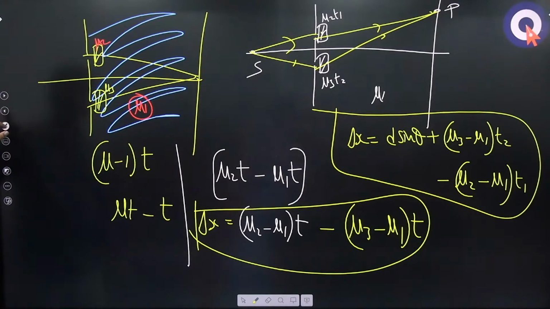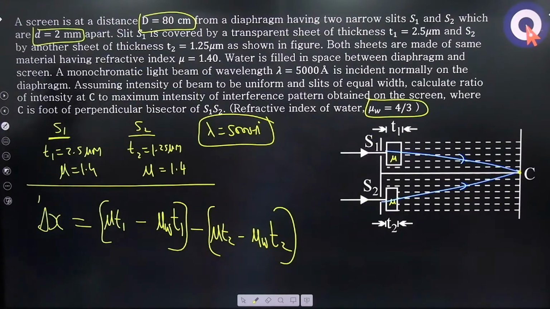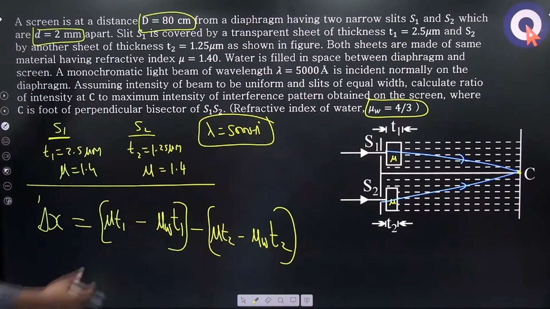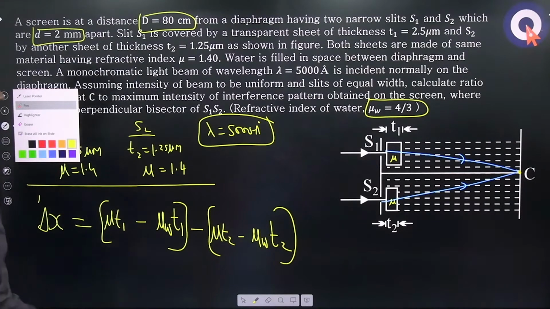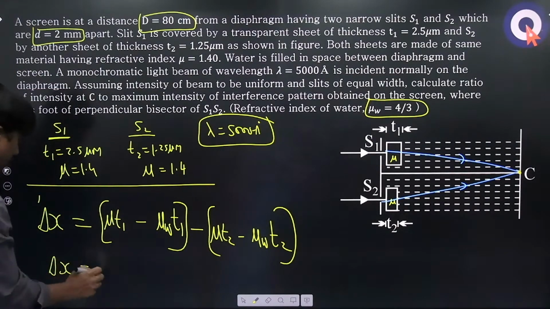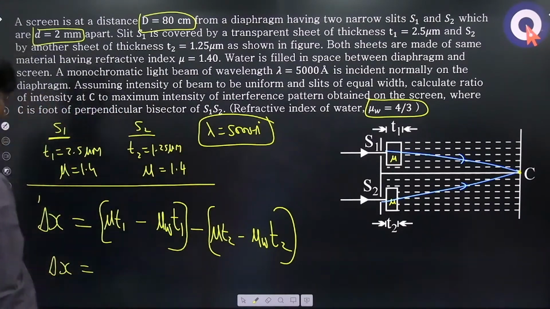Okay, let us get back to that problem. What's the question? So this is the net path difference, how you are able to write. So let us complete this question now. They are asking exactly at point O. So mu T1 minus mu W T1, mu T2 minus mu W T2.